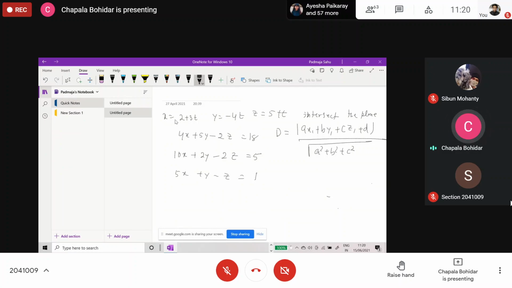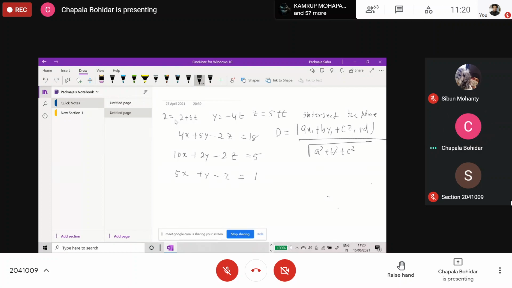Okay, 23, 24 you can do. Then 55: find the parametric equation for the line of intersection of the planes and the angle between these two planes. Determine whether the planes are parallel, perpendicular, or neither. If neither, find the angle between them.